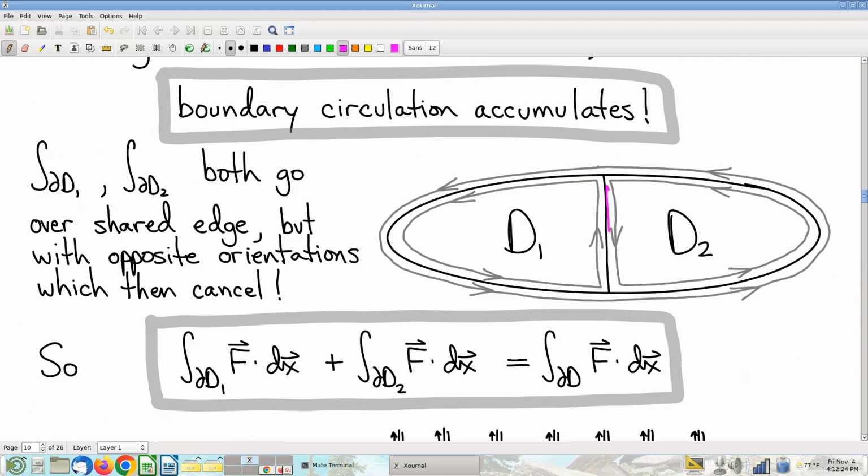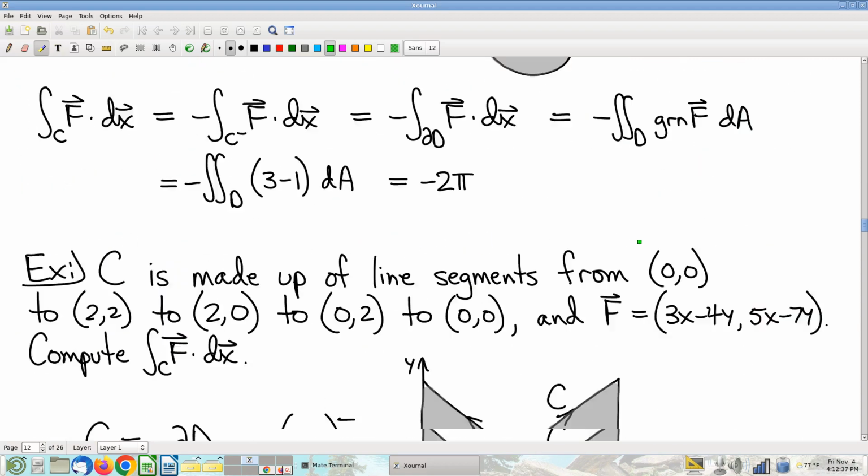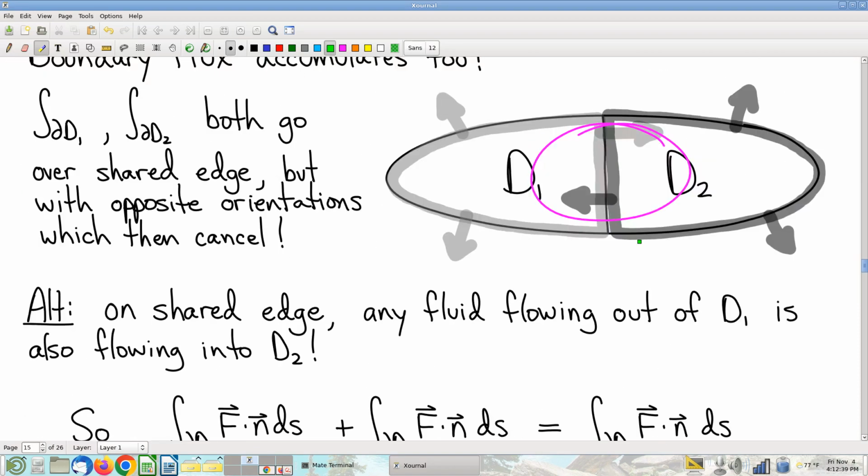Shared edge, part of the boundary of two different pieces, but with opposite orientations. Now, there, opposite orientations meant two different directions along the curve, whereas here, a little different, opposite orientations through the curve. So different, appropriate to the context, but strategically, morally, it's the same idea.